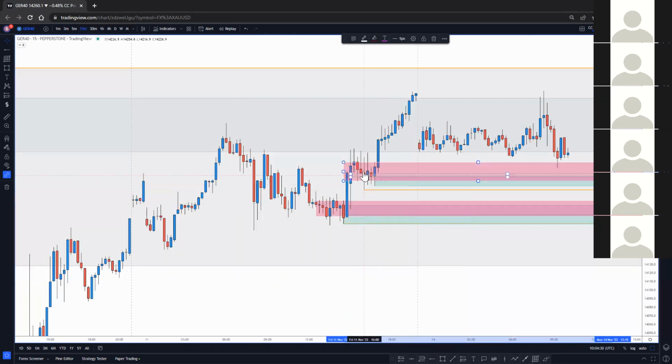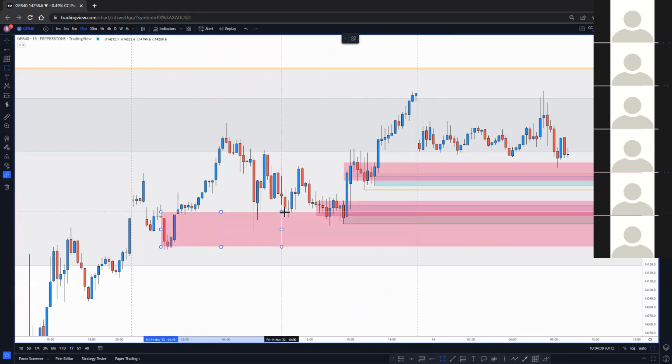But on a lower time frame, I would say these two are more related, and that down here is my actual second structure. So something like that, where these two are overlapping. So I'm liking these areas to look for continuation from, or a reaction from it.